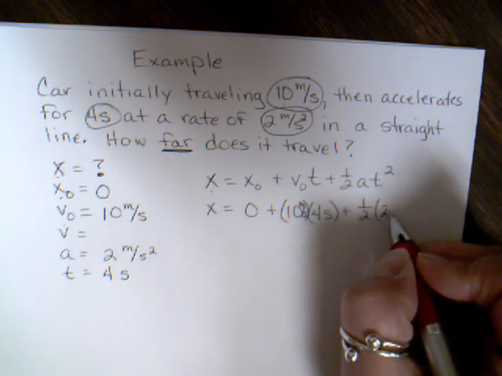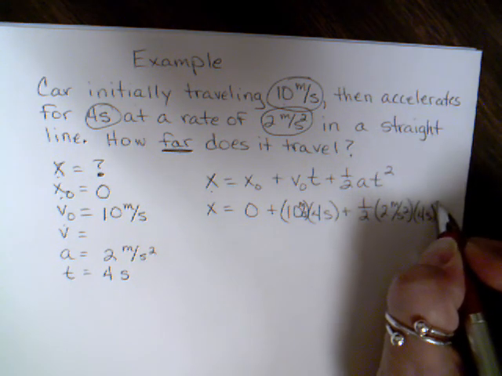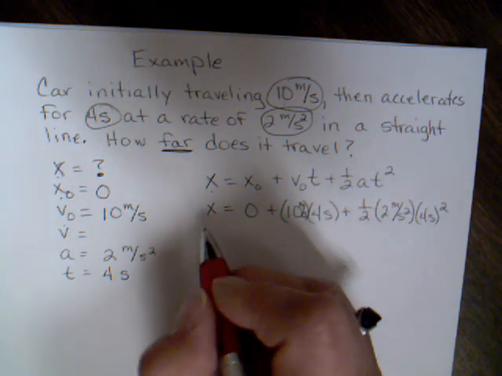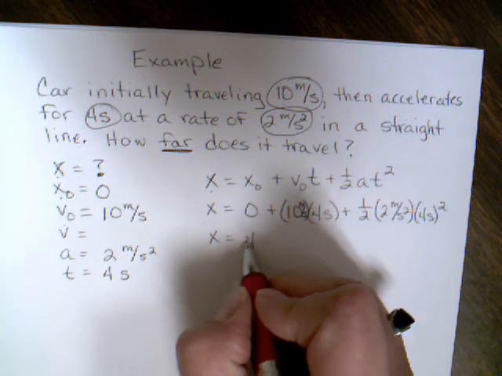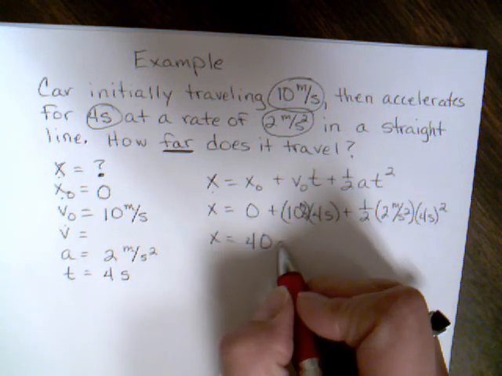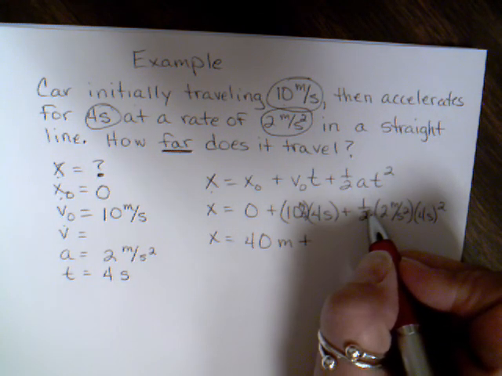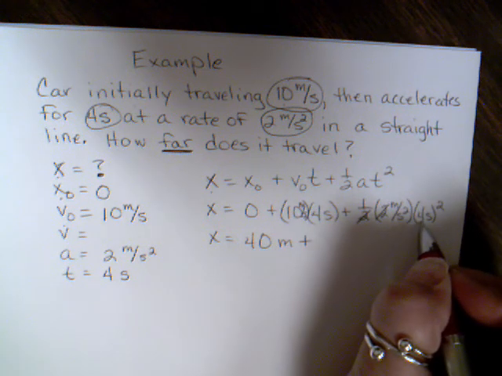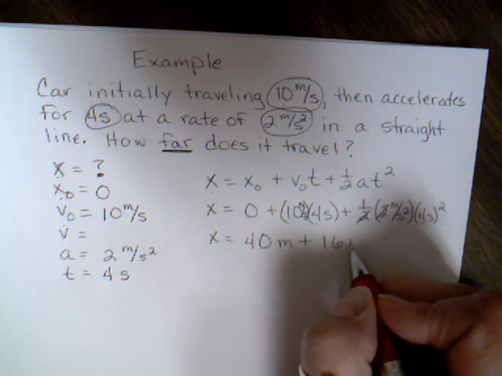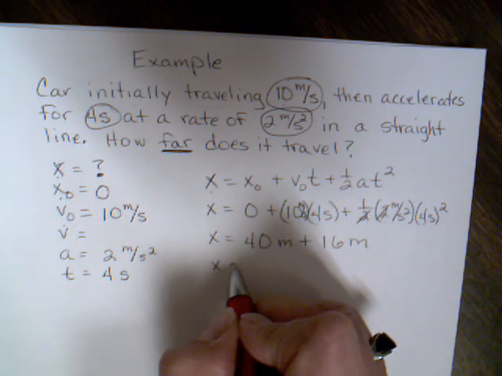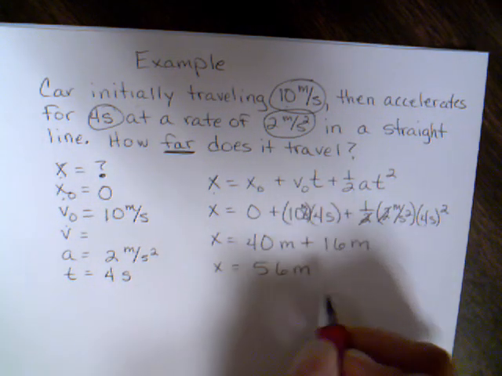Plus 1/2 times 2 meters per second squared, times my time squared. x equals, I can take the 0 out, that's 40 meters, plus the 2's cancel out, and I square my 4, so that's 16 meters. x equals 40 plus 16, 56 meters.